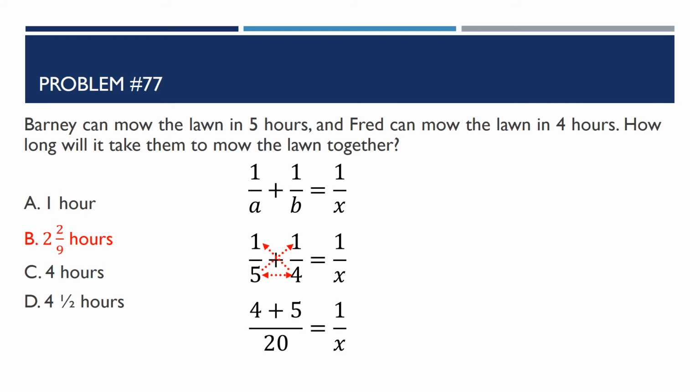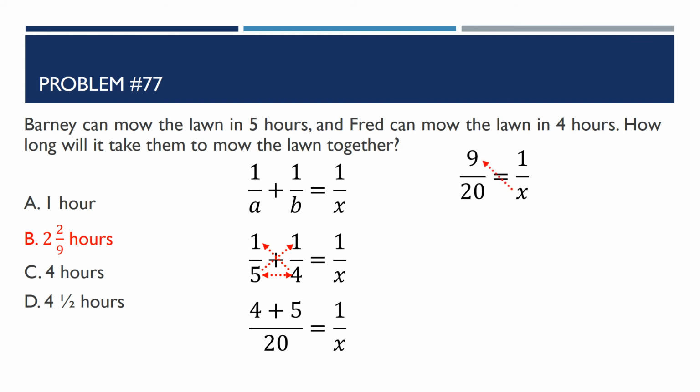So it will be like this. 5 times 4 is 20, so it's in the denominator. And then we multiply 4 times 1 is 4, plus 5 times 1 is 5. And that is faster than getting the least common denominator. Then we combine 4 plus 5, which is 9. So we have now 9 over 20 equals 1 over x. And then we cross multiply again.